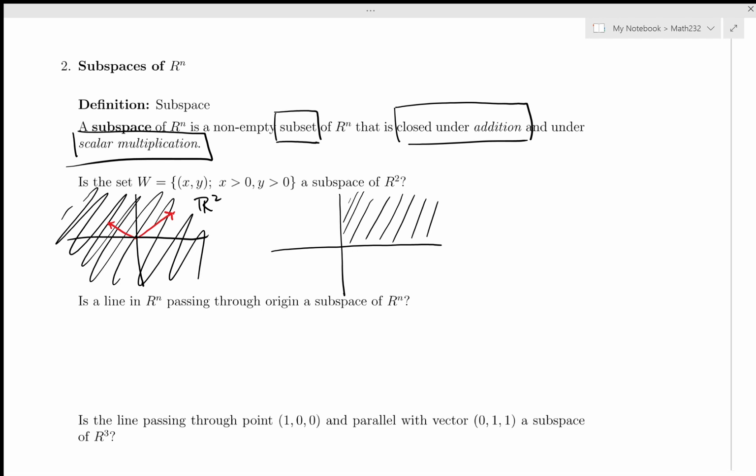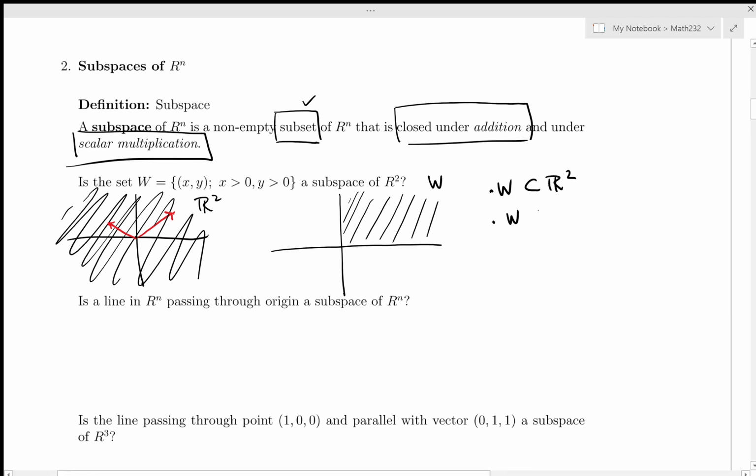And we're asking, is W a subspace of R2? Now clearly W is a subset of R2. So let's just notice that. W is a subset of R2, right? So this condition here is satisfied. Is it closed under addition? We would next check that.